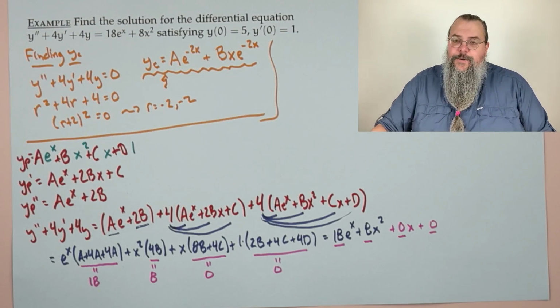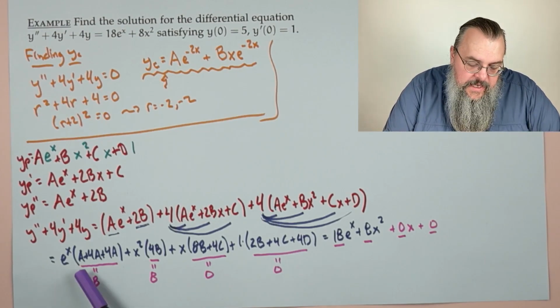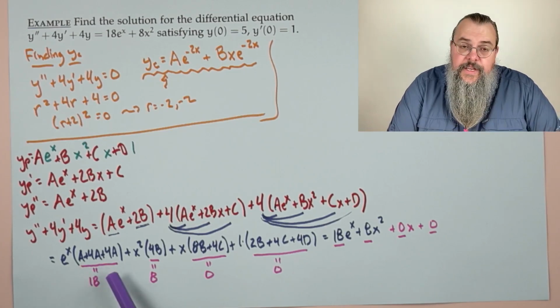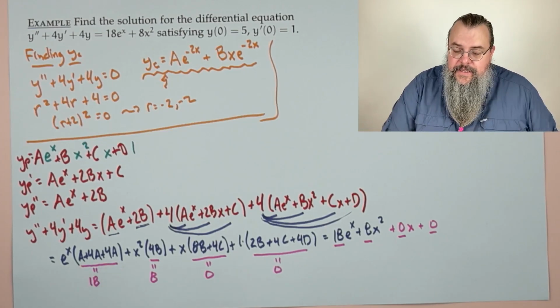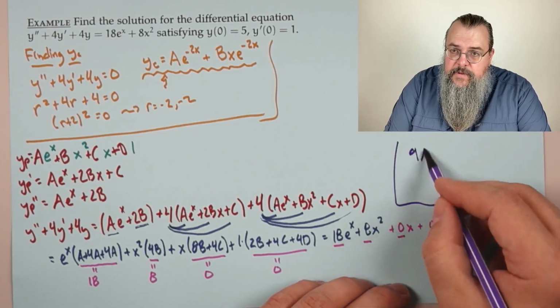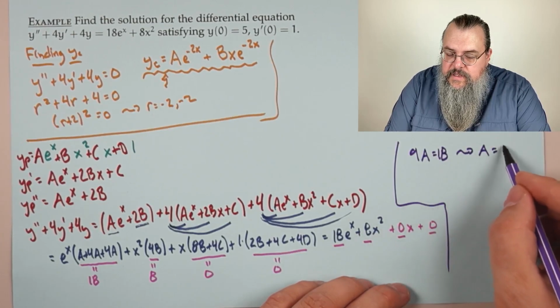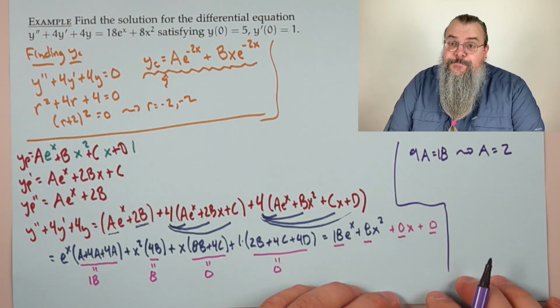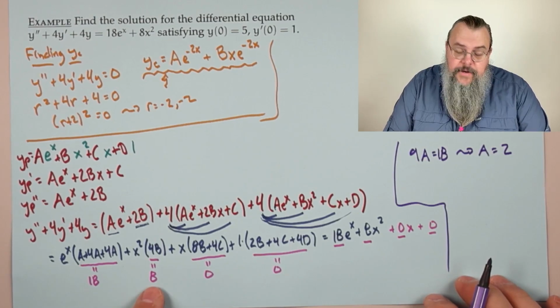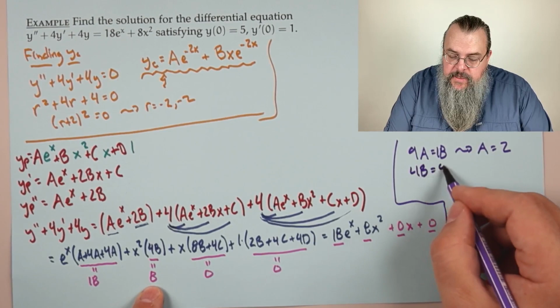Now, what do we have? Well, let's work this out. A plus 4a plus 4a makes 9a. And so we currently have 9 times a is equal to 18. Oh, that's pretty easy to solve. That tells us a equals 2. Great. How about here? We have 4 times b equals 8.